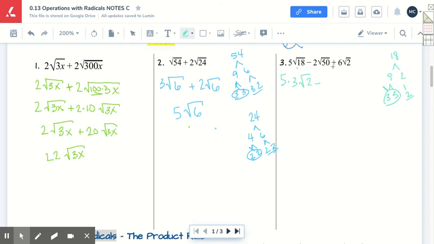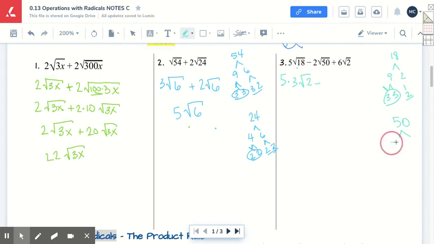Moving on to square root of 50 now. So I'm going to take 50. That did not come out nice at all. Let's try that again. I was trying to write too fast. There we go. Okay, so square root of 50. I'm going to break that one down.